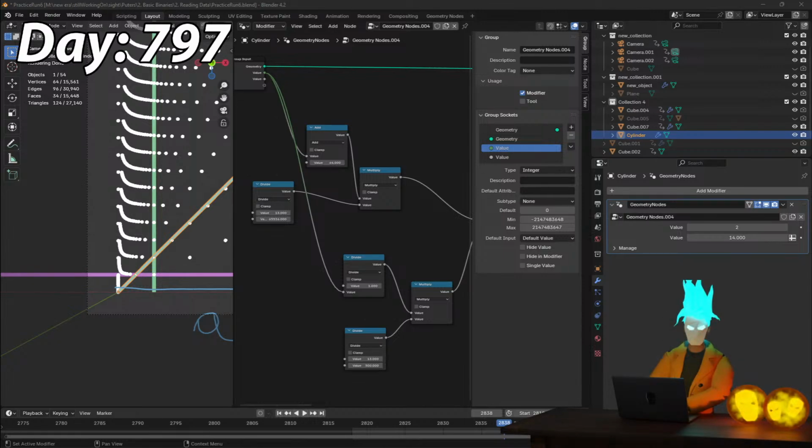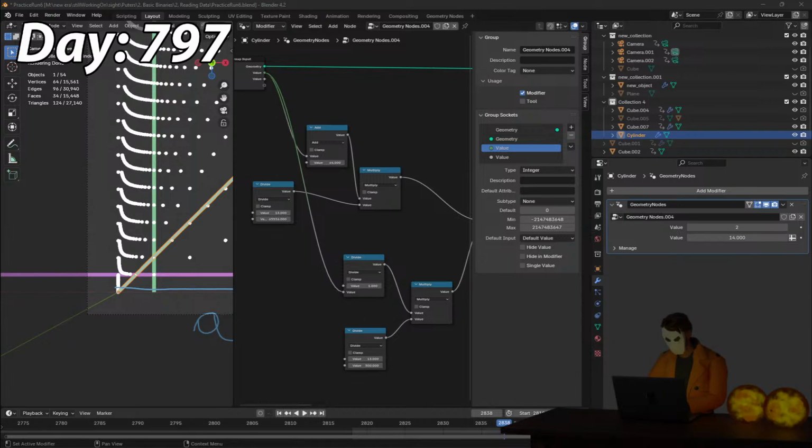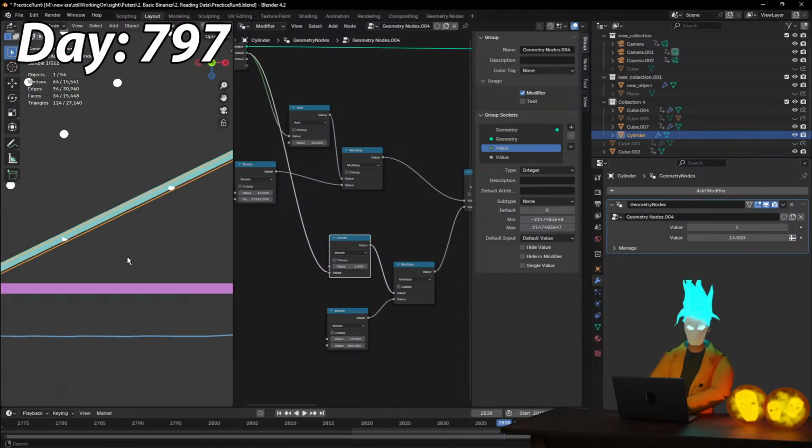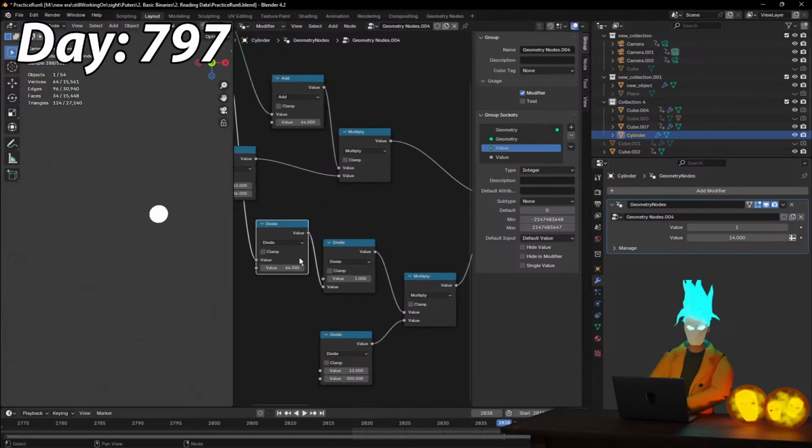Is it because we're not accounting for the height? No, we are accounting for the height, aren't we? At 1, this should be perfect, and yet it is not.